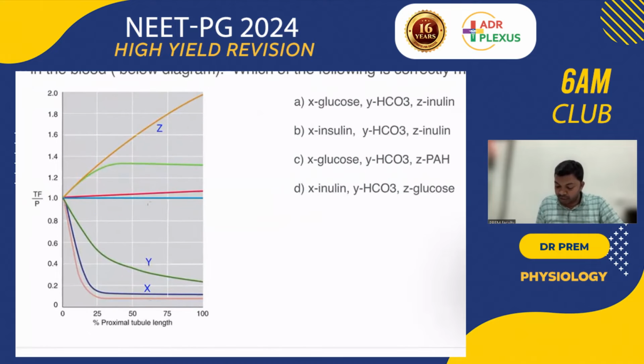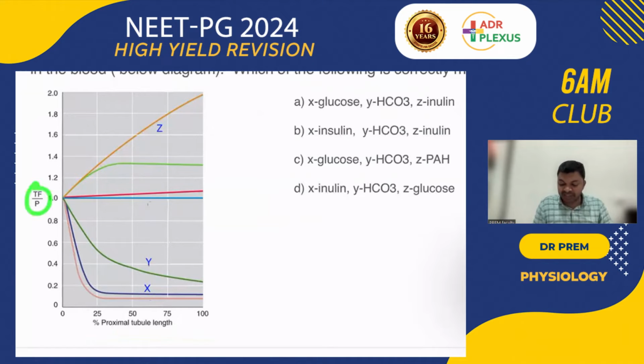Now, if you look at the x-axis, it says percentage of proximal tubule length. So now we are not bothered about the distal tubule or the collecting duct. All we are going to focus on is the proximal tubule alone, whatever is getting secreted or reabsorbed in the proximal tubule.